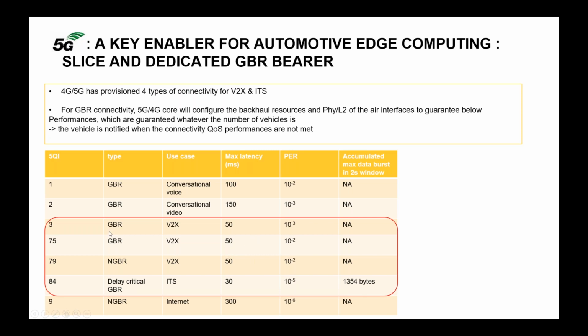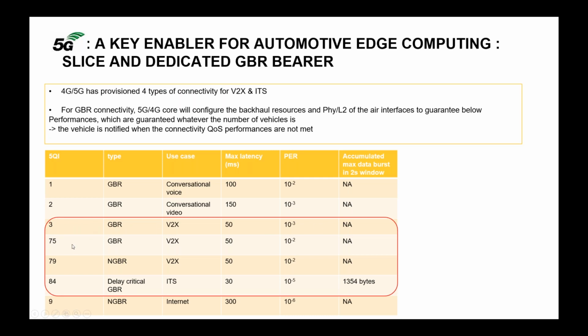So this bearer can be set up and established when you connect on LTE, and you do attach on LTE, so the network can by default create a default bearer for internet and, let's say, another bearer for your V2X or your automotive safety critical data, like this one.